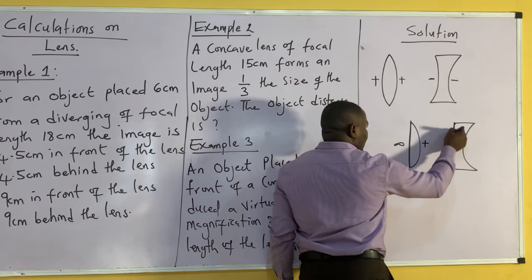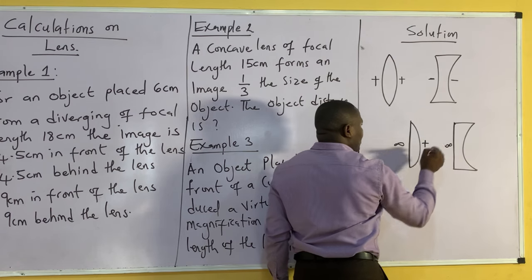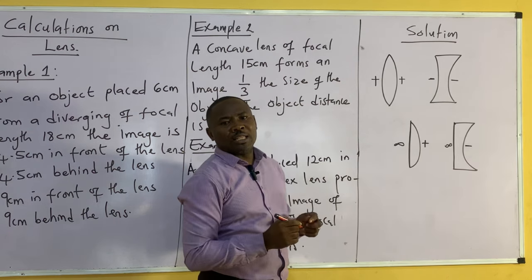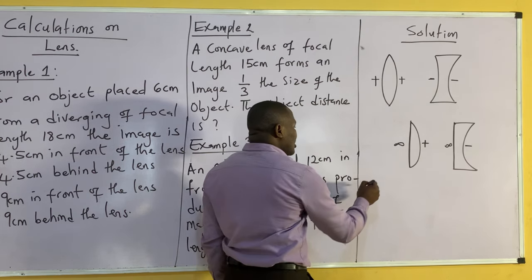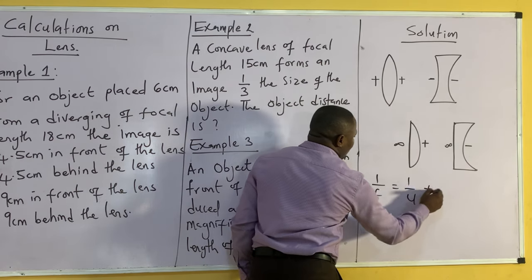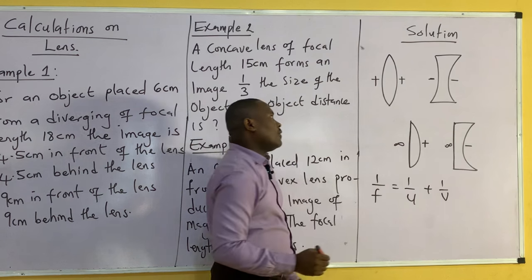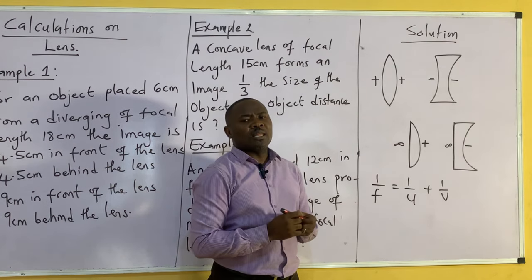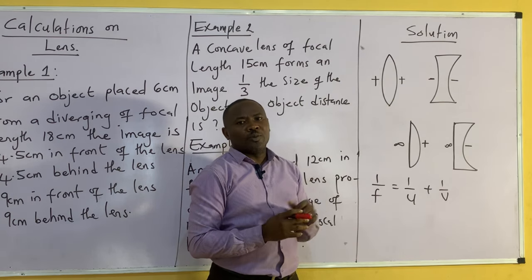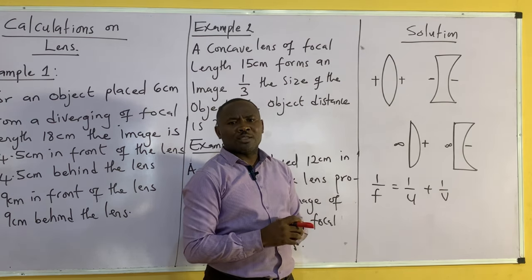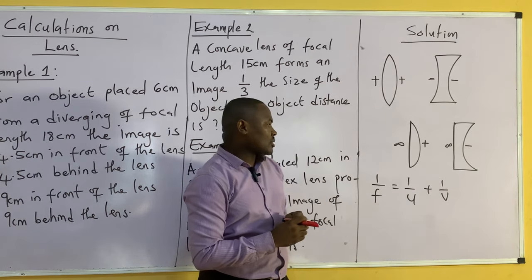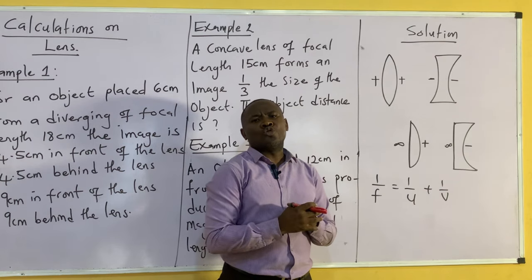The focal length of this plane surface is also infinity, while for this one it is negative. So that leaves us with the usage of 1 over f equals 1 over u plus 1 over v. For a convex lens, the focal length is positive, but for a concave lens, the focal length is negative. It's very important.